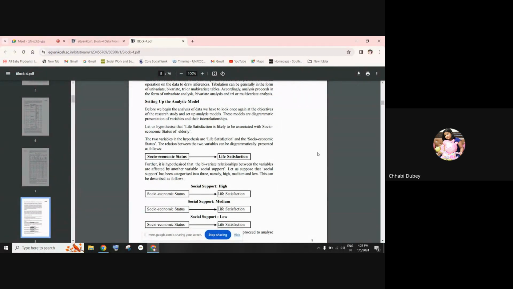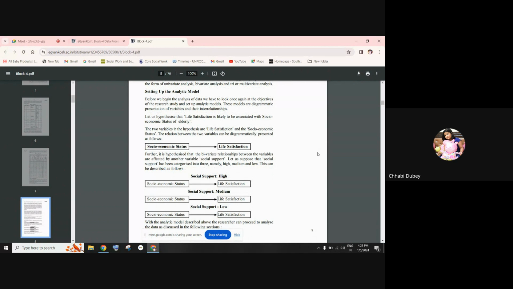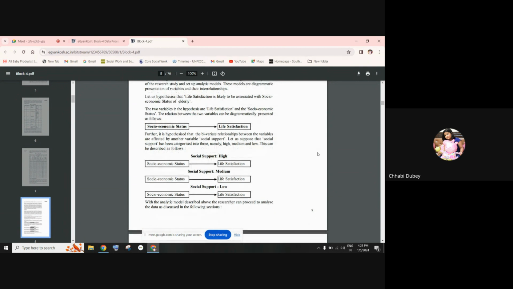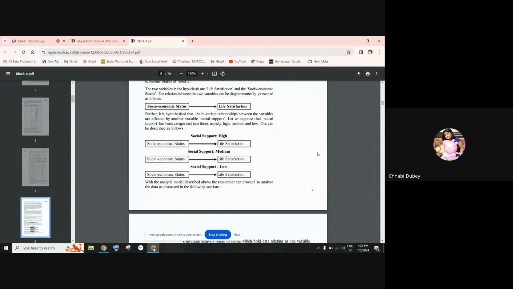So let us suppose that social support has been categorized into three, namely high social support, medium social support, and low social support. Accordingly, it will be described like this: social support when it is high, when it is medium, and when it is low. So this is the diagrammatic representation of the analytic model which is given to us.